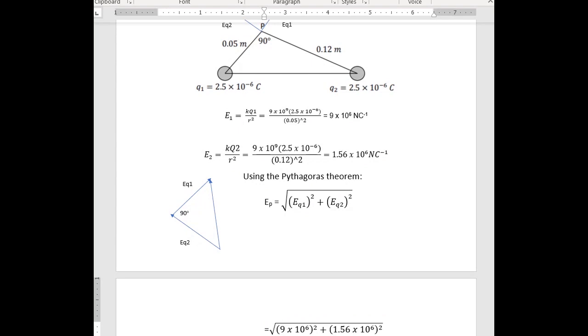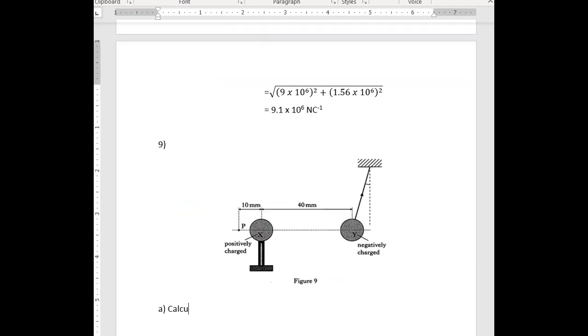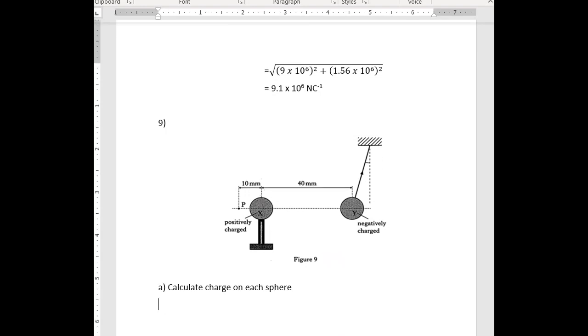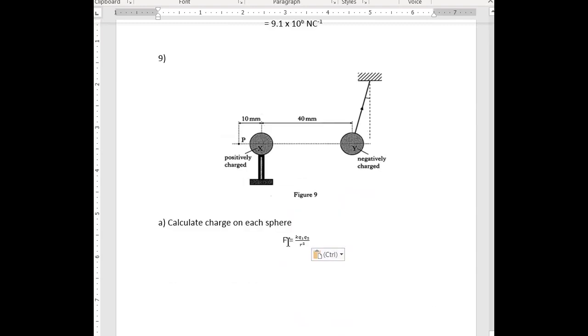For question 9, calculate the charge on X. We use the electrostatic force formula. The force is already given, which is 3 times 10 to the power of minus 5. K is 9 times 10 to the power of 9.